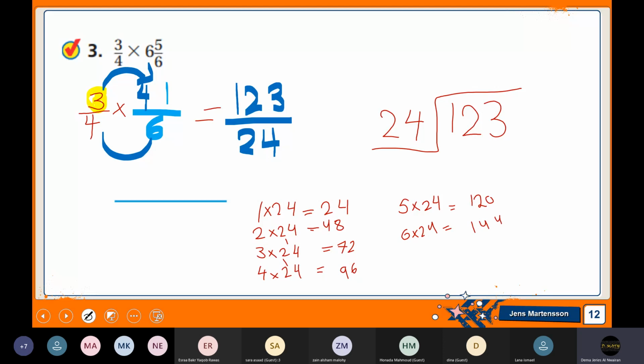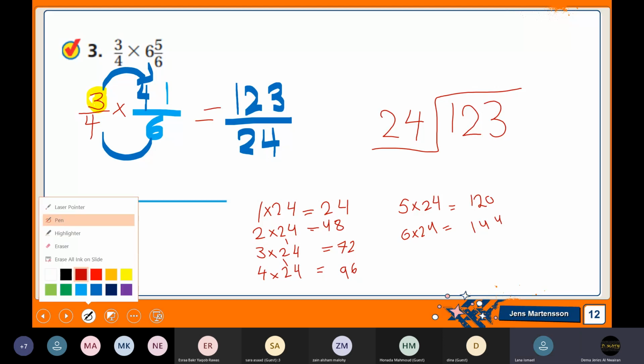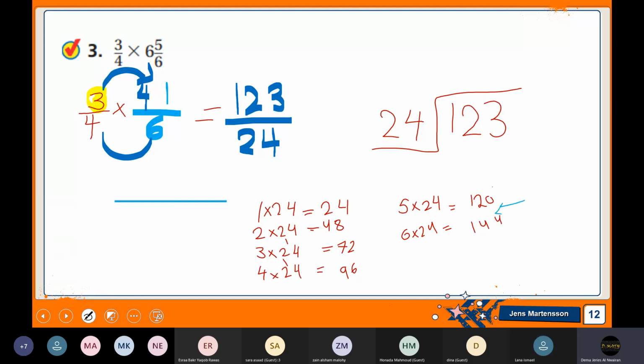So where is 123? It's between which two numbers? 5 and 6. Good job. It is near 5 times 24.